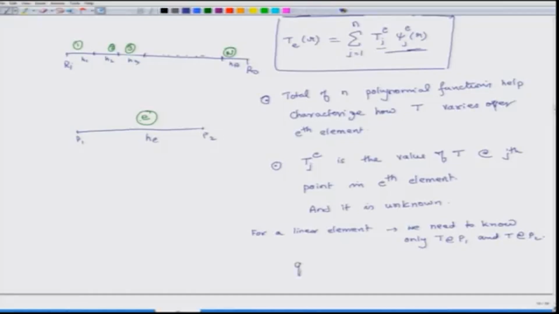If it is a quadratic element, then what do we do? Then we need an extra point, let us say P3, because to perfectly define a quadratic curve, we need to know T at P1, P2 and P3.